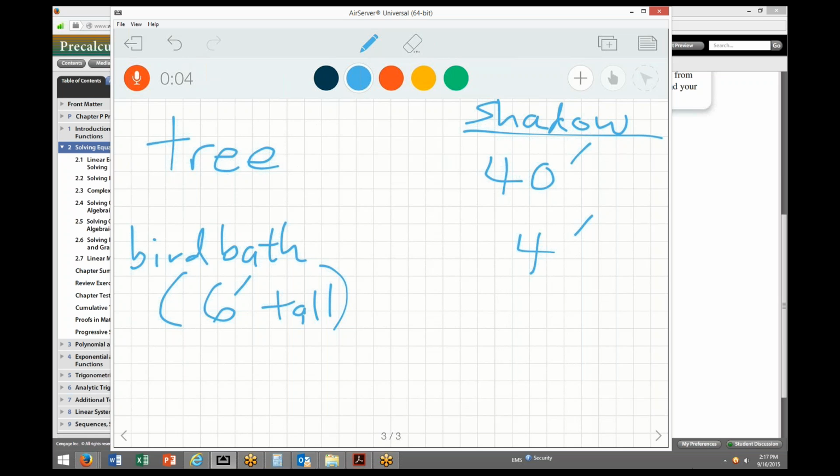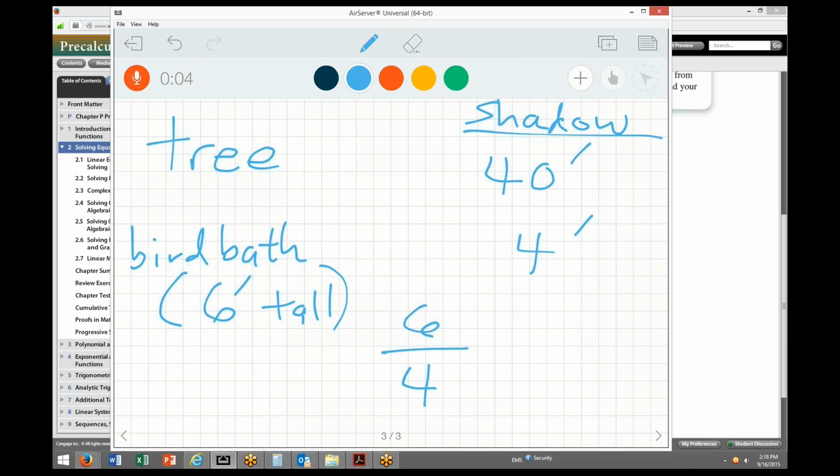Well, what we can do is set up a proportion here. It's probably the easiest way to do this, that the height of either of these things to the length of their shadow is going to be equal to the height of the other one over the length of its shadow. So the bird bath, for instance, is 6 feet tall with a 4-foot shadow.